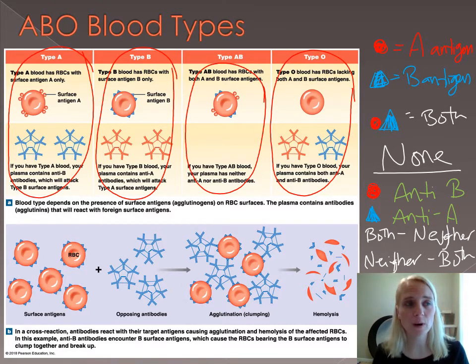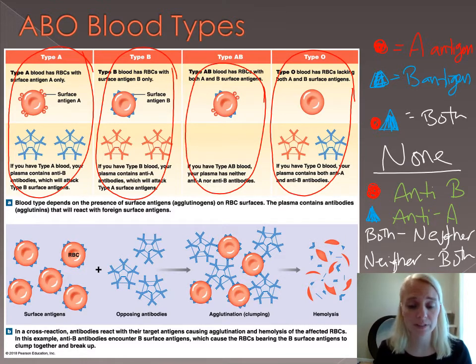Antibodies in the plasma recognize the opposite type. So if you have type A blood, you'd be able to recognize B antigens. If you have type B blood, you're able to recognize A antigens. If you have AB blood, you can't recognize any blood type. If you are type O, you can recognize both A and B. Okay, so let that sink in.